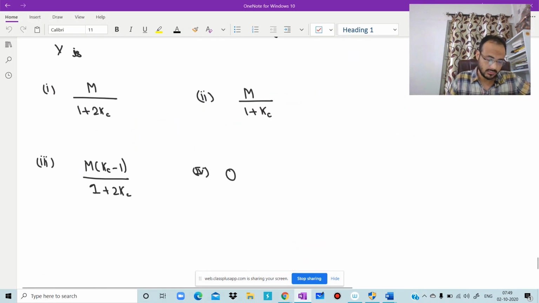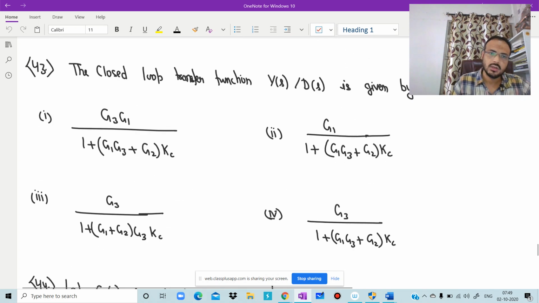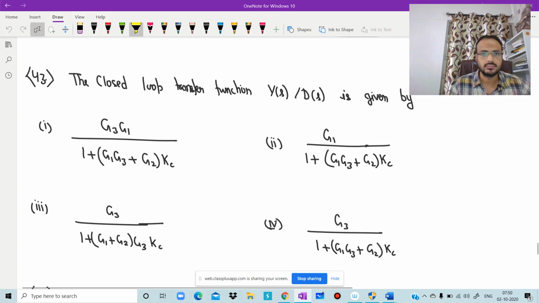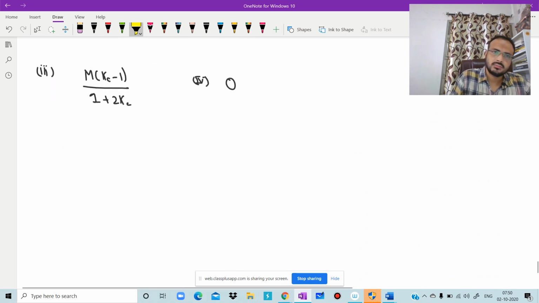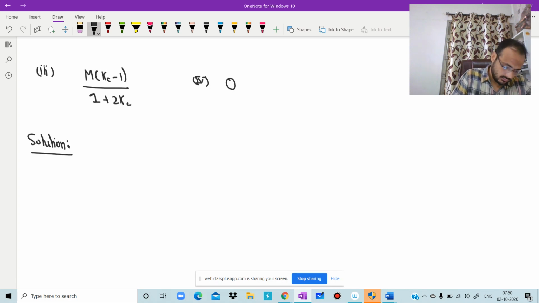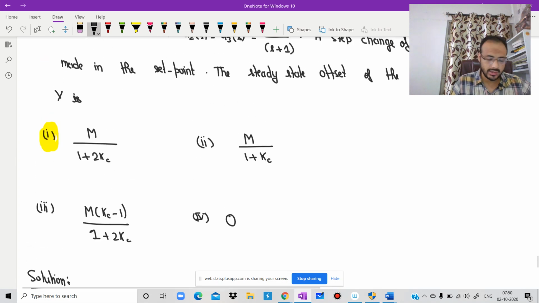Okay, now let me solve it. The right answers are fourth one and this first one. Solution. We have given diagram.